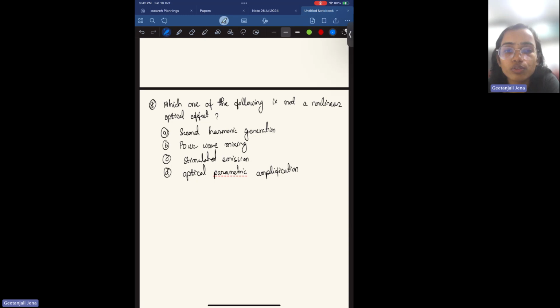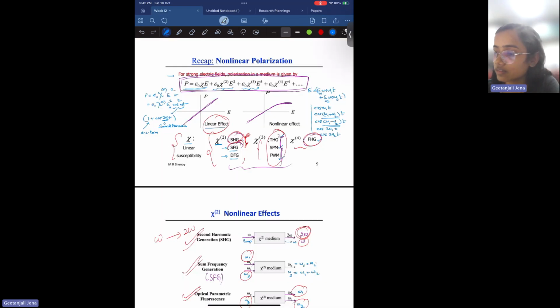And B is four-wave mixing. This is also a nonlinear effect. I think this is because of Chi4, right? No, this is because of Chi3, four-wave mixing.